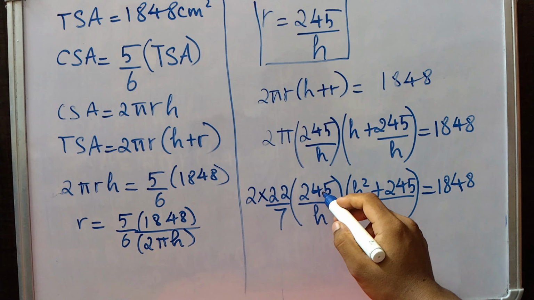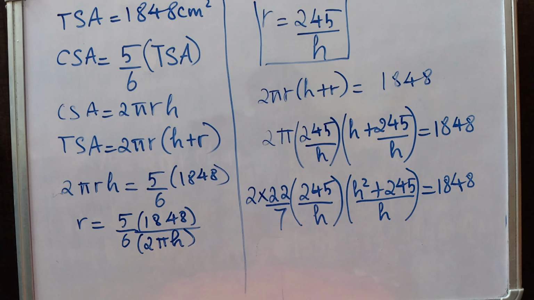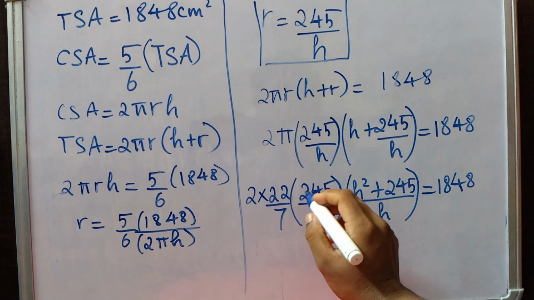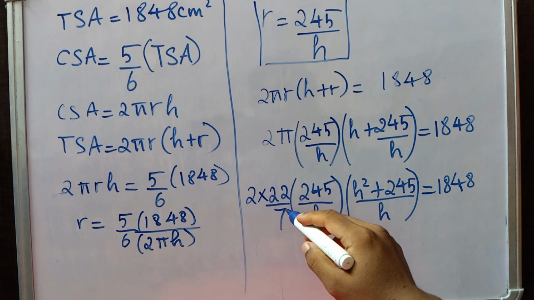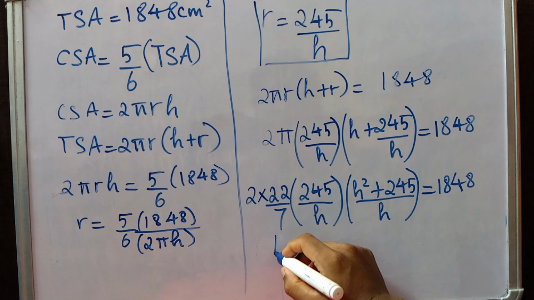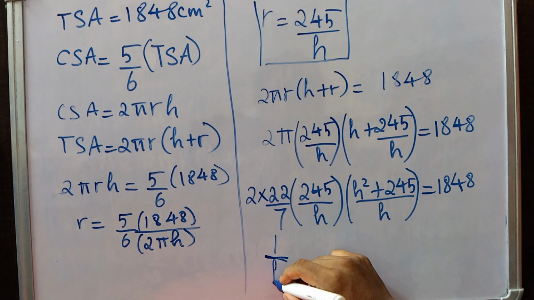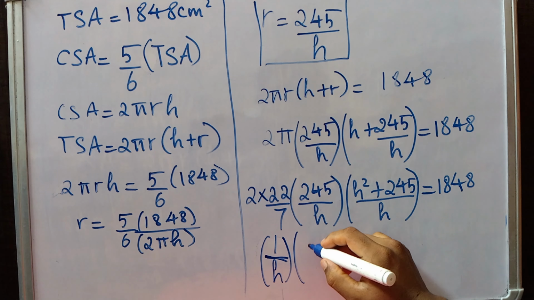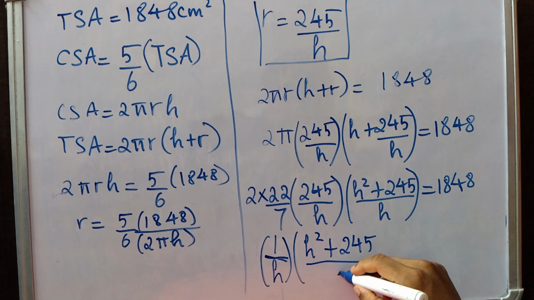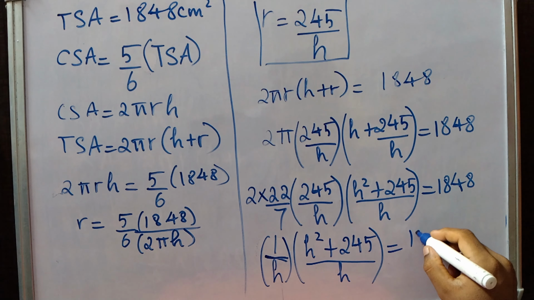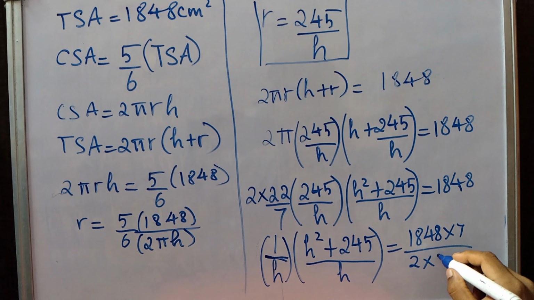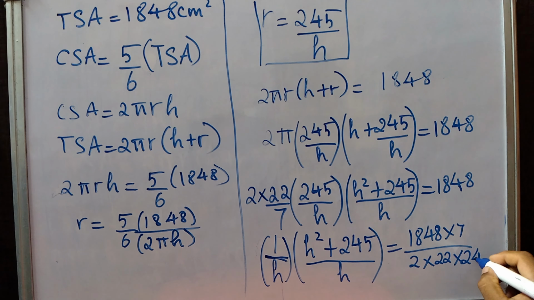Now we multiply these terms together. We take all the H terms on the left side and all the other numbers, including the 7, to the other side. So we have 1/H into (H square plus 245) divided by H is equal to 1848 into 7 divided by 2 into 22 into 245.